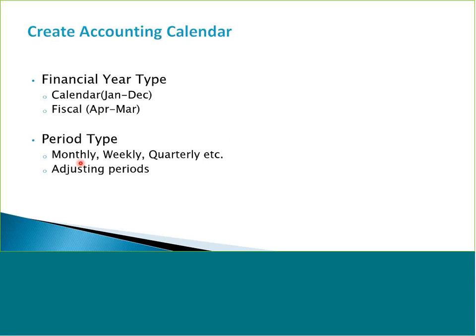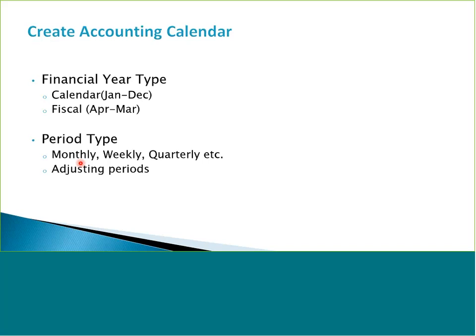Under period types, we also need to discuss what are called adjusting periods. Adjusting periods are usually added to the end of your financial year, and the purpose of an adjusting period is mainly for audit purposes. So adjusting periods overlap with the last period in your financial year. Let's say you have a financial year that runs from January 2017 to December 2017.